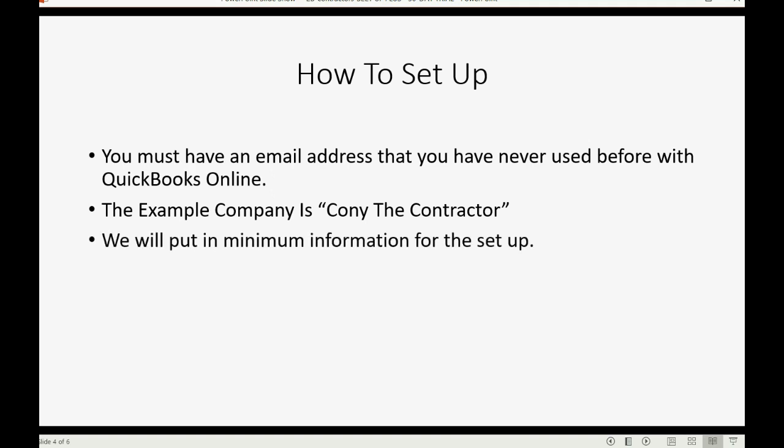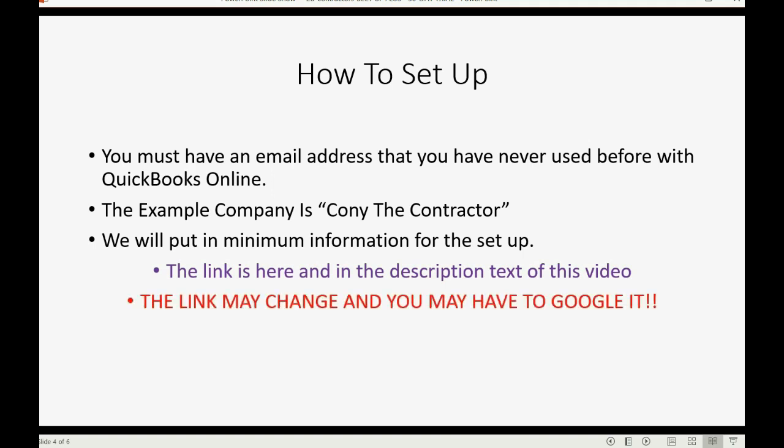And once we log in and set up our account, we will put in the minimum information for setup in this video. Now, the link is here in the description of this video. And be aware, the link may change and you may have to Google it in order to find exactly where to sign up for your free 30-day trial version.